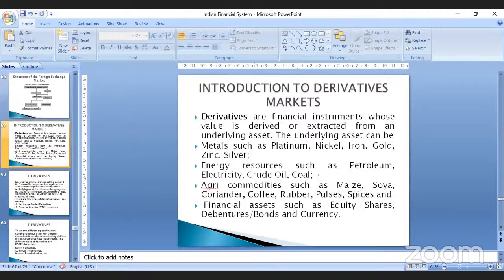Next comes derivative markets. Whenever we are talking about an investor or investments, it is all about buying and selling of assets so that you can earn some return on them.